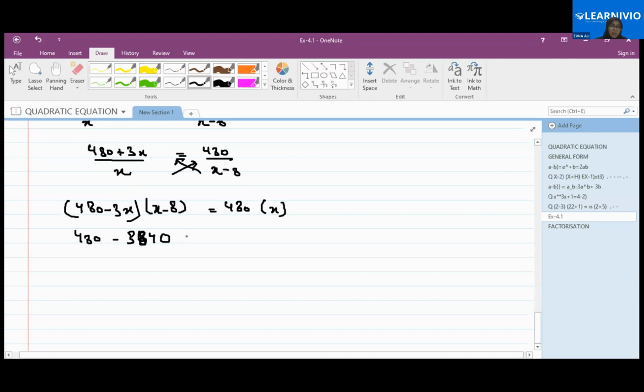And this will be minus 3 into x square, minus 3x square, plus 24x equals 480x. This 480x and this 480x will cancel each other, right? Then we'll just divide this equation by minus 3. If I divide it by minus 3, 3840 divided by 3 will give me 1280. This will be plus x square.